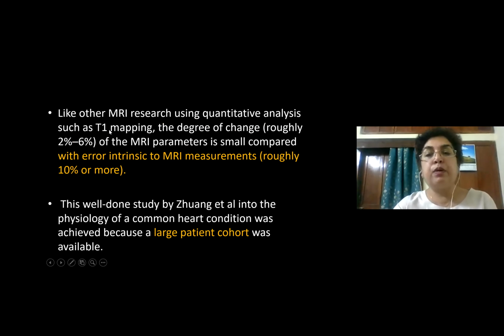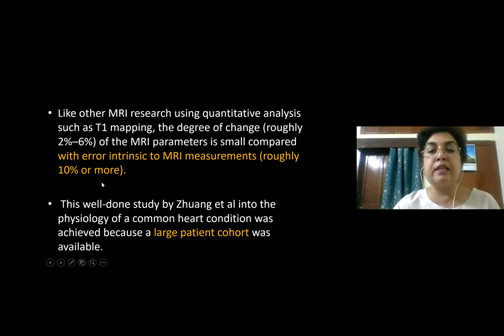What they said was the kind of changes that we are looking at when we do T1 mapping, as well as other MRI research tools, is in the order of 2 to 6%. But 2 to 6% is within the intrinsic error of these measurements, which is roughly 10%.